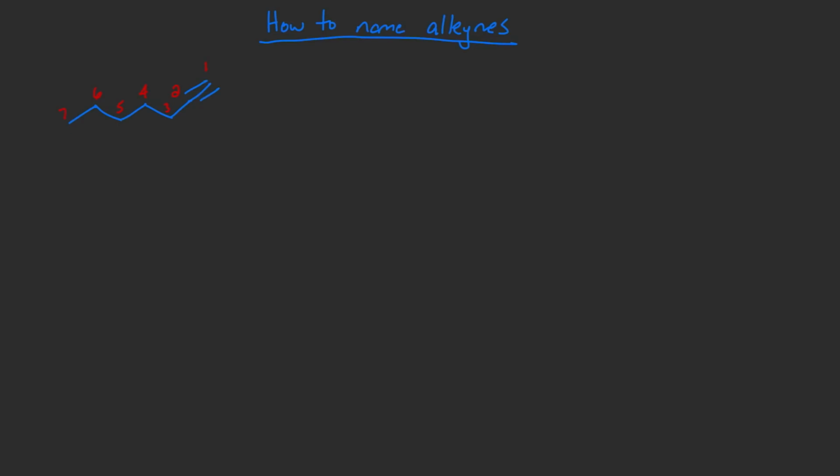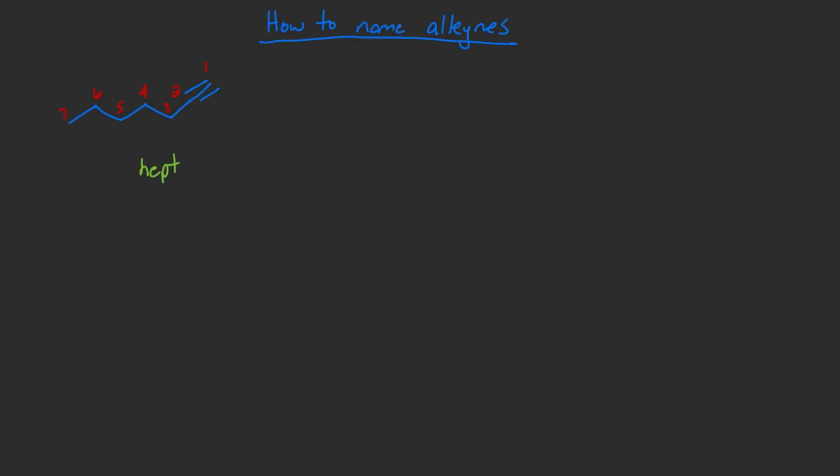Since we have 7 carbons in our chain, we know that our base name is going to be hept. Hept being the prefix for a 7 carbon chain. And then our alkyne is at position 1.